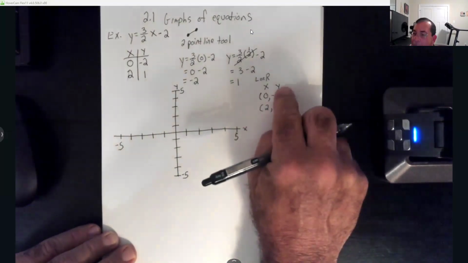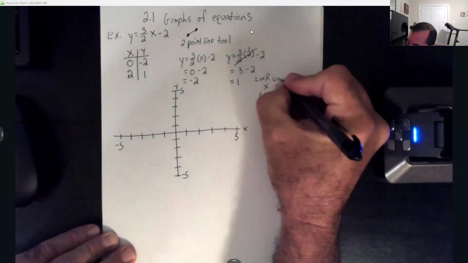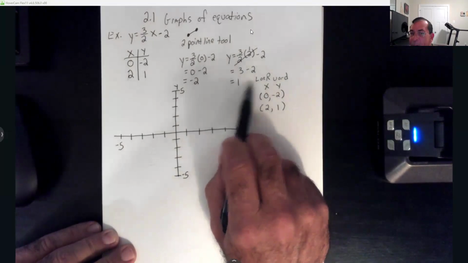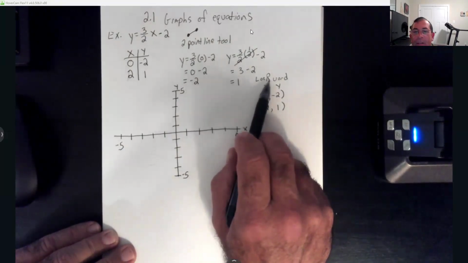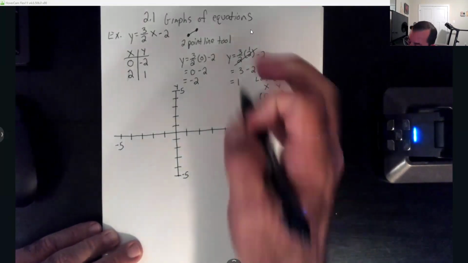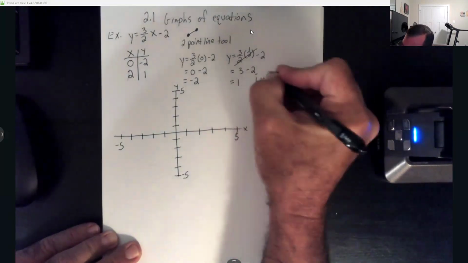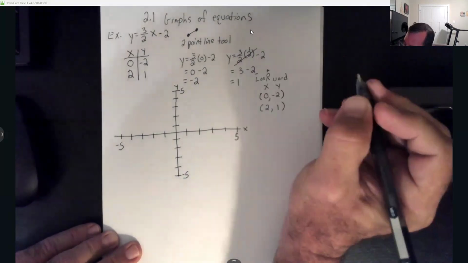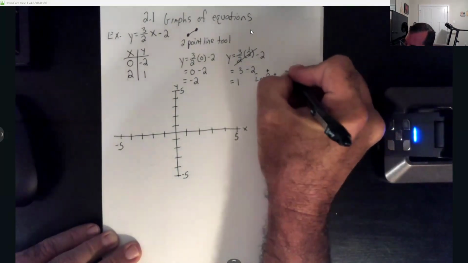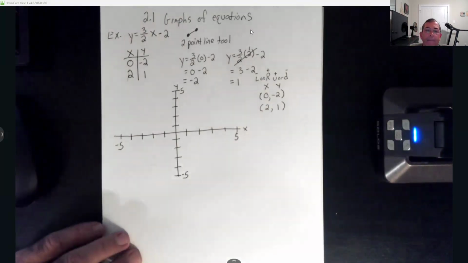The y's will go up or down. X's left if they're negative, right if they're positive. The y's up if they're positive, down if they're negative. So negative left, positive right on the x. Up is positive, down is negative on the y.